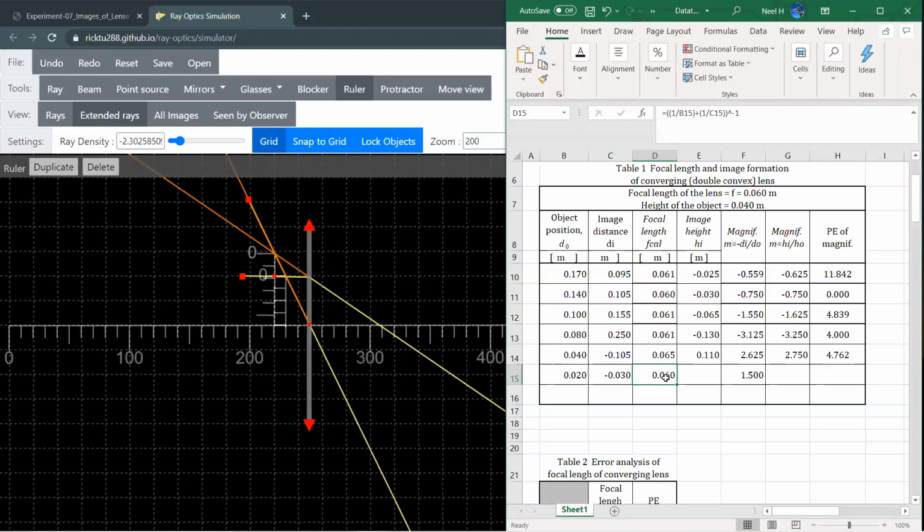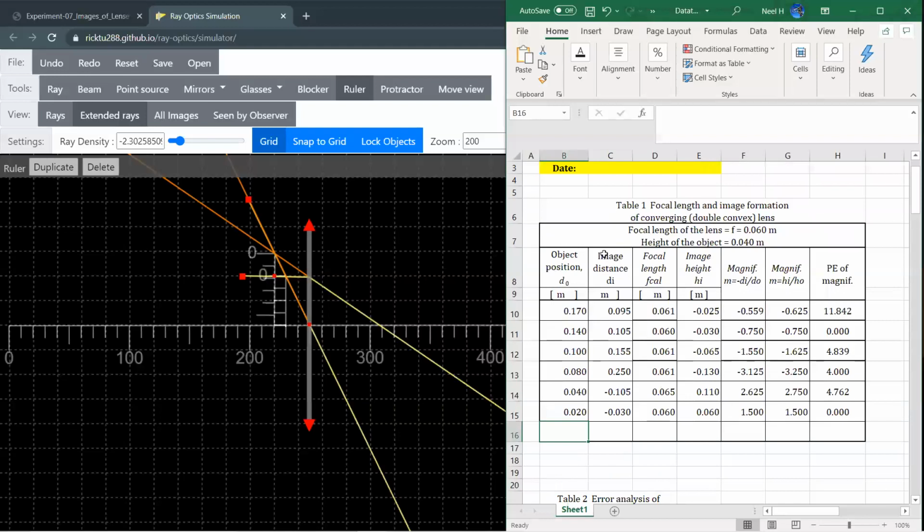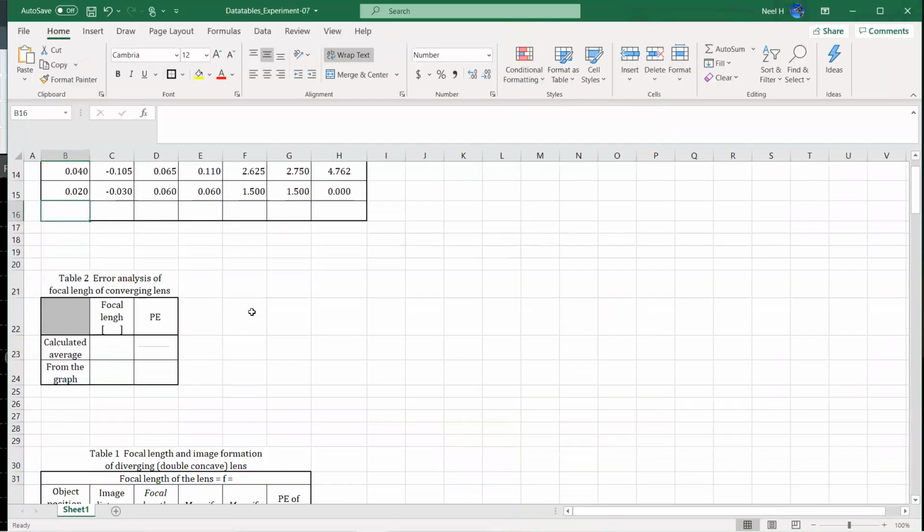You can see this is a perfect number for the focal point. Image height is 6.06 positive. Now that magnification is perfect. So we have about 6 data points. I think that is good enough for the graphing. So this part we can leave empty. That's okay. So now let's add those two graphs into here.